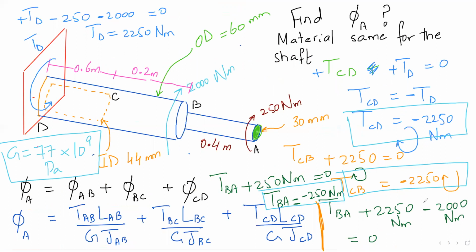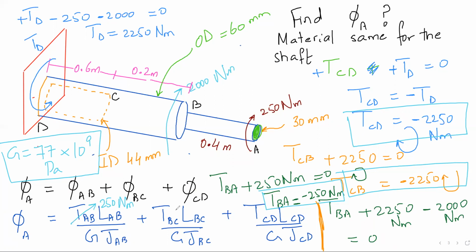Now, just one quick remark that I want to make. When you are substituting here instead of TAB, hang on, everyone, just quick remark. When you are substituting values, you will not put TAB is equal to, let's say, minus 250. Here you will put 250, not minus. It will be opposite, right?